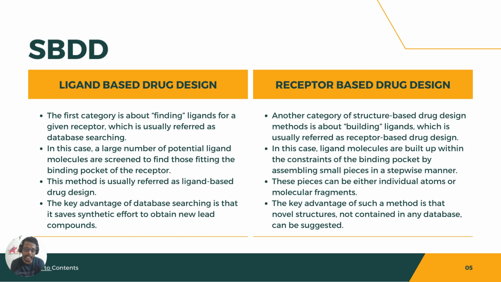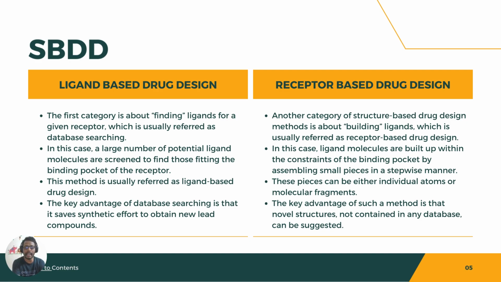Receptor based drug design is based on the structure of receptors, meaning the proteins or other target enzymes or other things on which the ligand should bind. So this is another category of structure based drug design method, which is about building ligands, which is usually referred to as receptor based drug design.